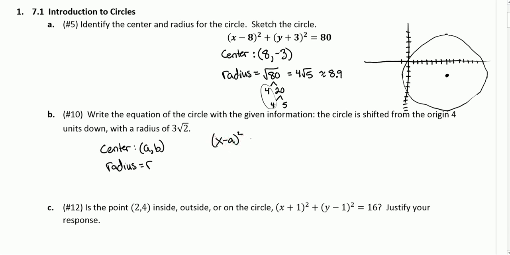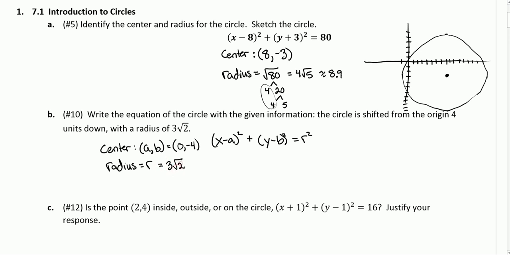And our general form of our equation, if we have a center (a, b) and a radius r, is going to be x minus a squared plus y minus b squared equals r squared. So we know our center, because we shifted 4 units down, is going to be at 0, -4.